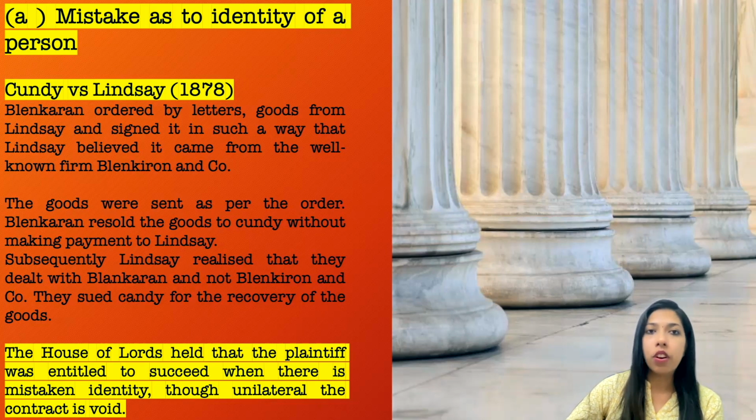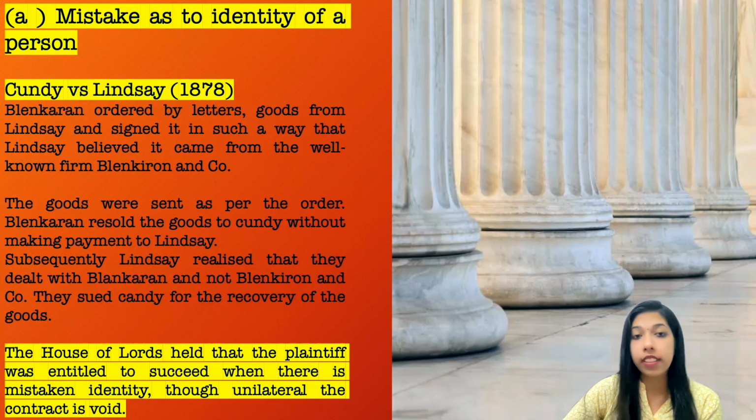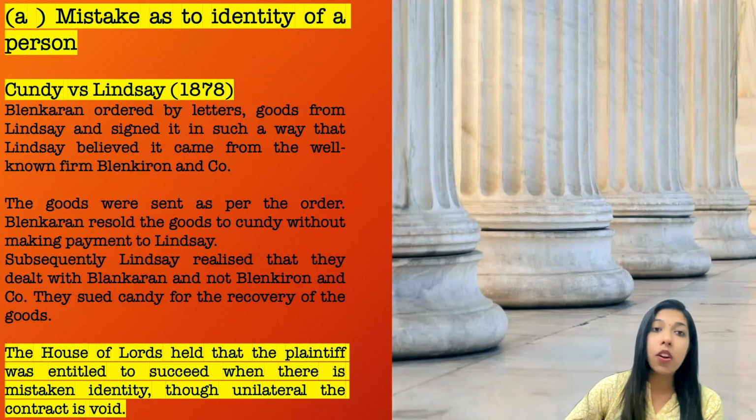Lindsay got an order from Blenkarn, and believed that it came from another well-known firm, Blenkiron. The goods were actually sent as per the order, and Blenkarn resold the goods to the next person without making any payment to Lindsay.